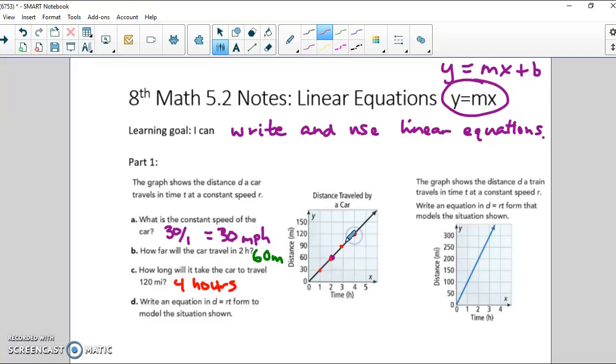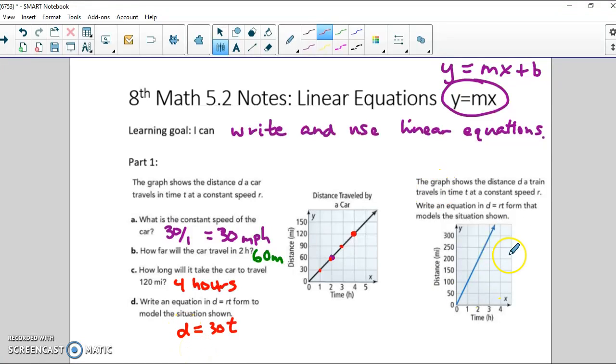Rising 30, running 1. So that's my slope or my rate. So I substitute that in for r in my equation, and I have the equation d equals 30t. So now my inputs would be my time, my x values, and when I put a value in for time, I'm going to get out the distance that goes with it.